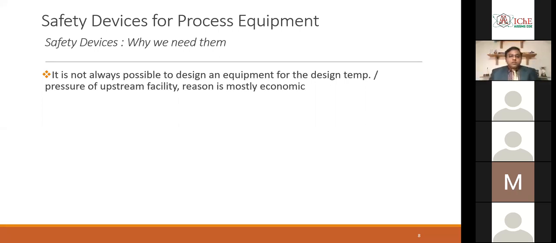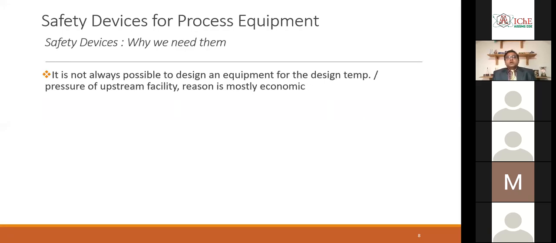So it is not always possible to design an equipment for the design temperature and pressure of the upstream facility. If suppose there is a pump which is pumping to multiple destinations, and because of one of the circuits we have to have a very high head pump, whereas the other circuits don't need that much pressure.